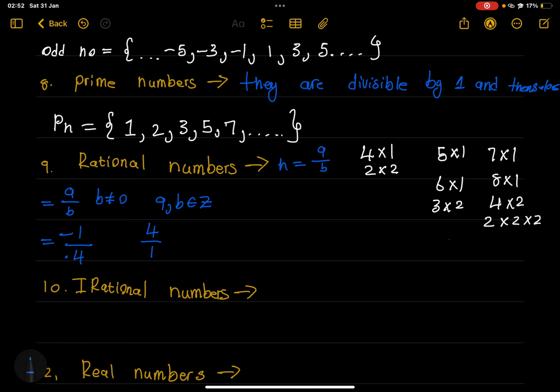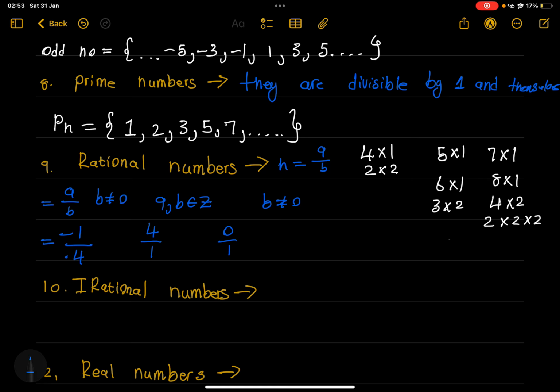Understand? Which means B can be an element of any integer, but B must not be equal to 0, but A can be equal to 0. For example, 0 over 1 is a rational number because it's an integer.